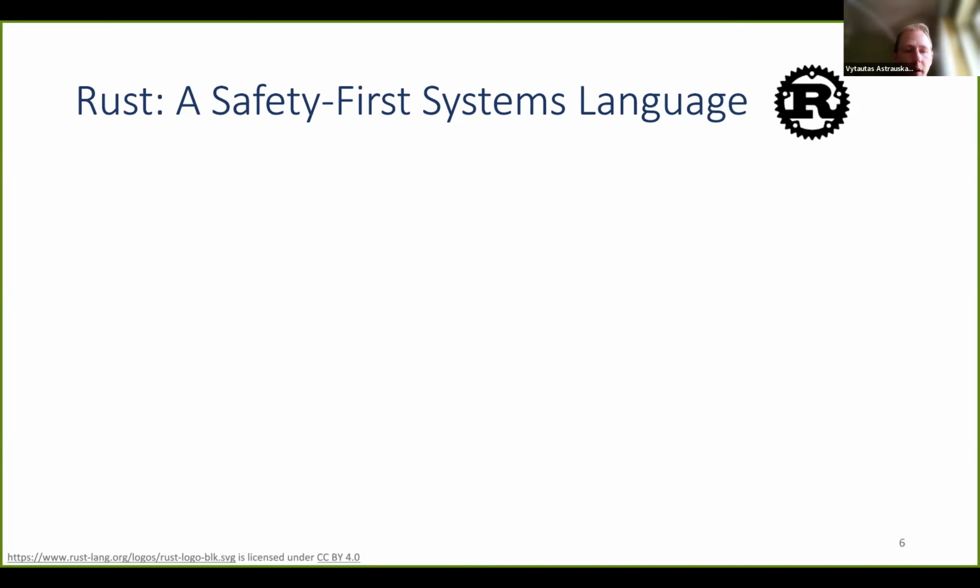Okay, now let's look into Rust. Rust is an interesting programming language because it targets systems. It's a systems programming language, and it is aimed at safety first. So, for example, it comes with immutability by default.